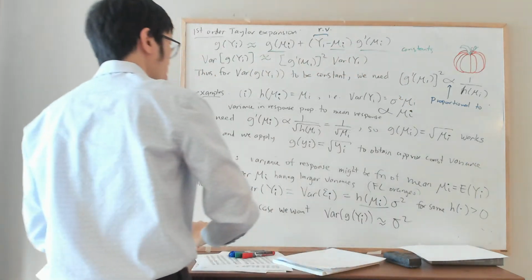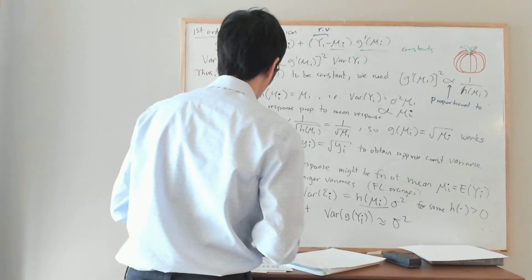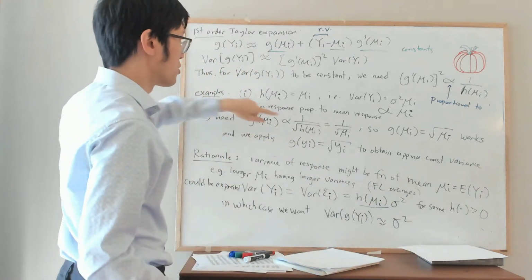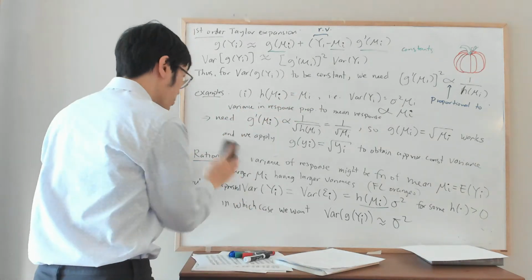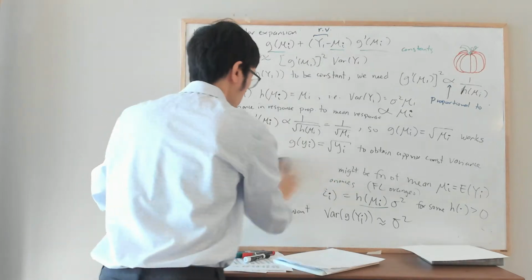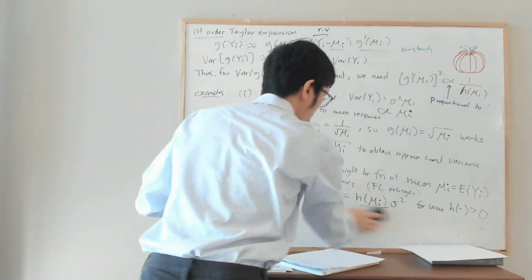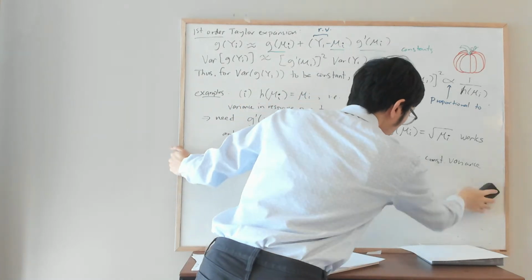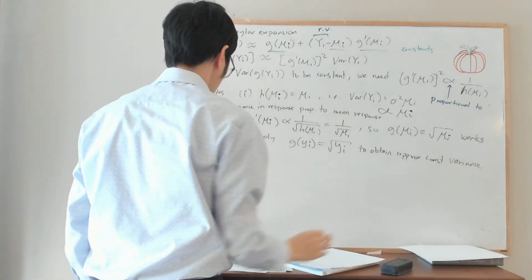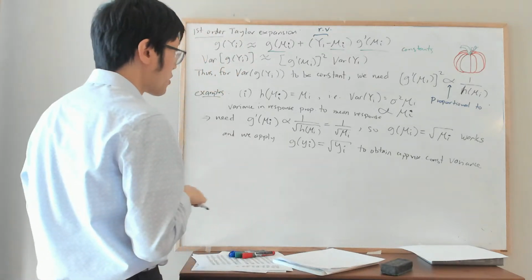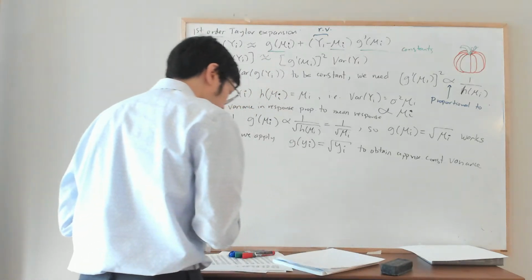That should help stabilize the variance in the case where the variance is proportional to the mean response. Okay, so let's look at a couple more. I alluded to the fact that sometimes we might take log transformations. So let's next see when the log transformation is appropriate.